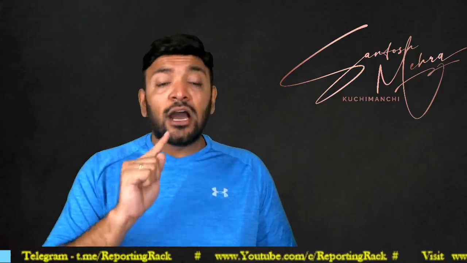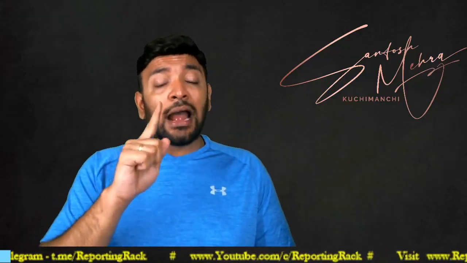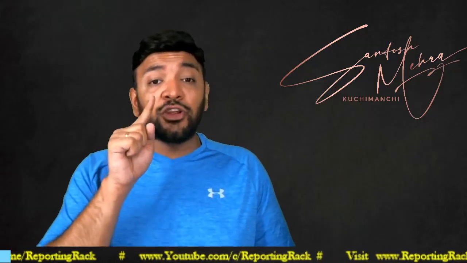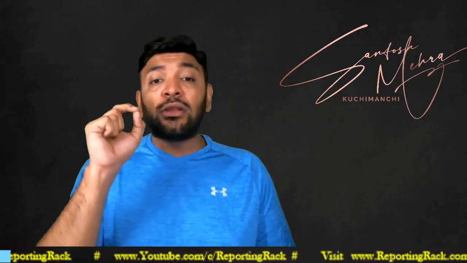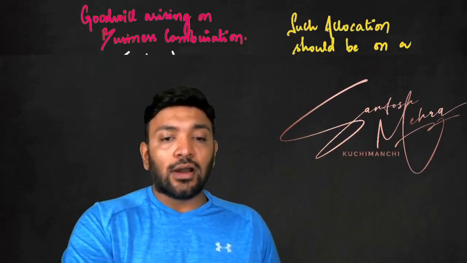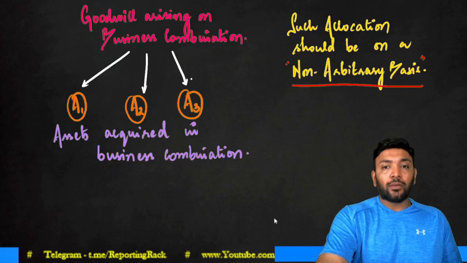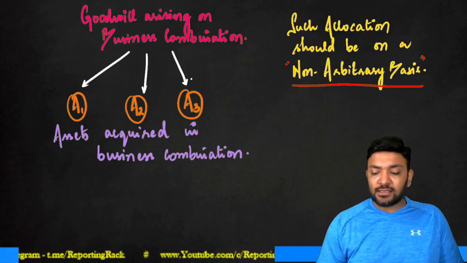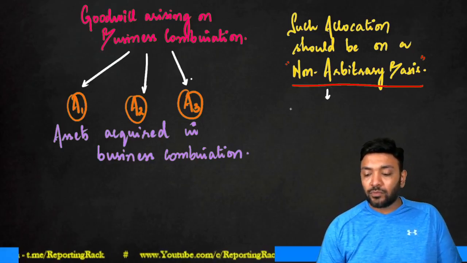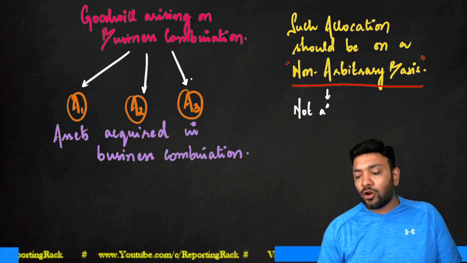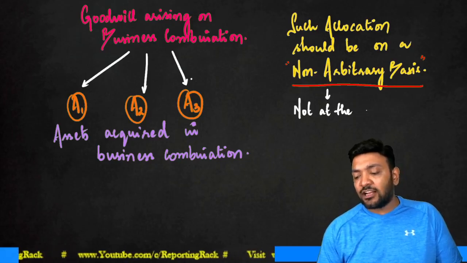Clear? So here also under Goodwill, you have to allocate it on a non-arbitrary basis. That means it is not as per your discretion. You will have to give it based on the merits of the case. Clear? I'll write that word. Non-arbitrary basis means not at the discretion of the management.